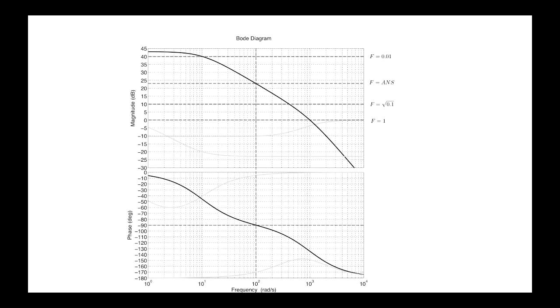F doesn't change the phase of the open loop, so we just get the phase of A. And you can see that when the crossover frequency is here, we'll end up with a phase margin of 90. When the crossover frequency is here with F equal to 1, we get a smaller phase margin, so you'd expect a more oscillatory response. But as we keep making F smaller, we get more phase margin.